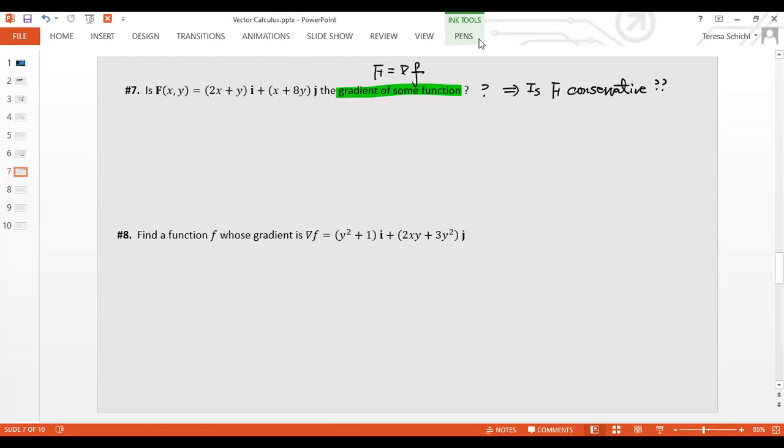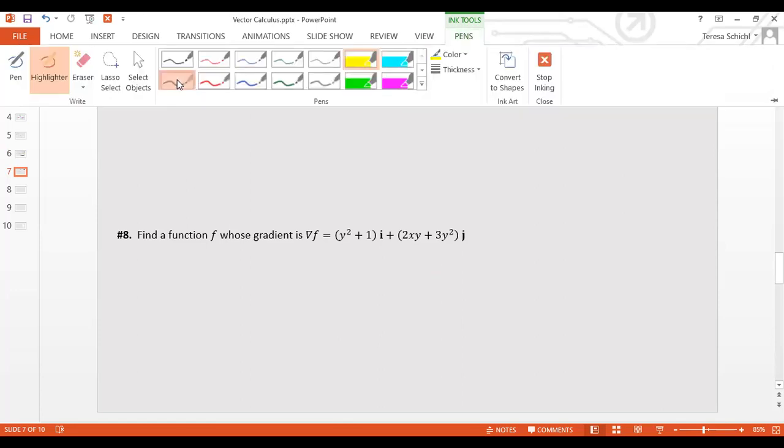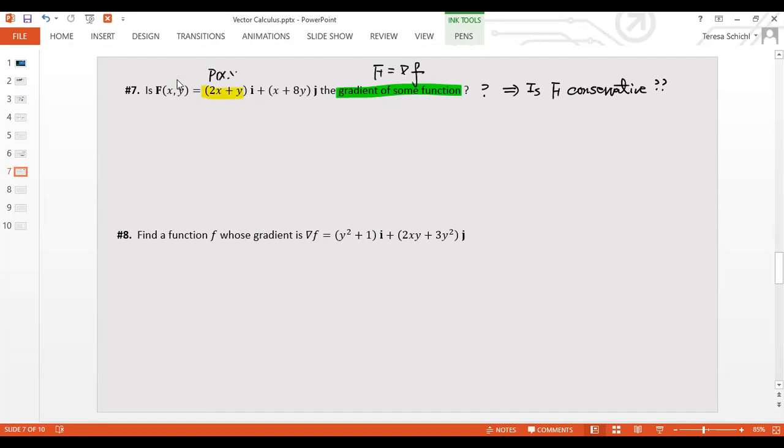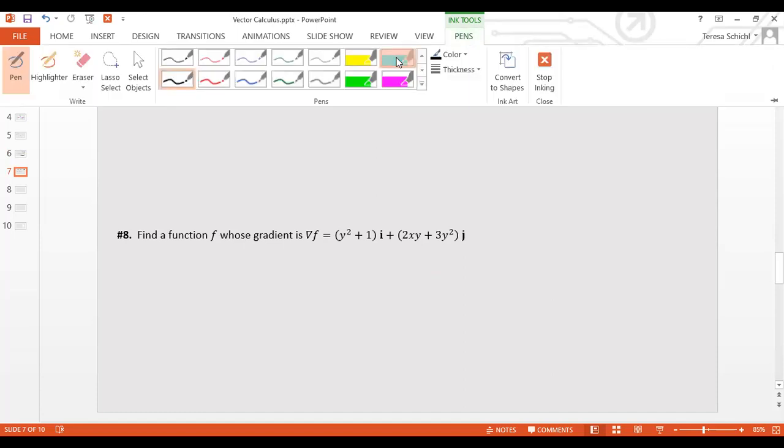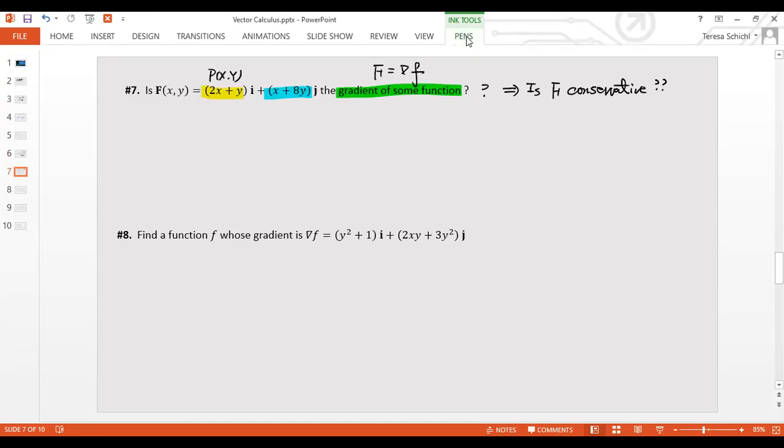So based on my quick test, this one is my P(x,y), and this one here is my Q(x,y). Based on my conservative test, ∂P/∂y is what? ∂P/∂y is 1, correct? All right, good.